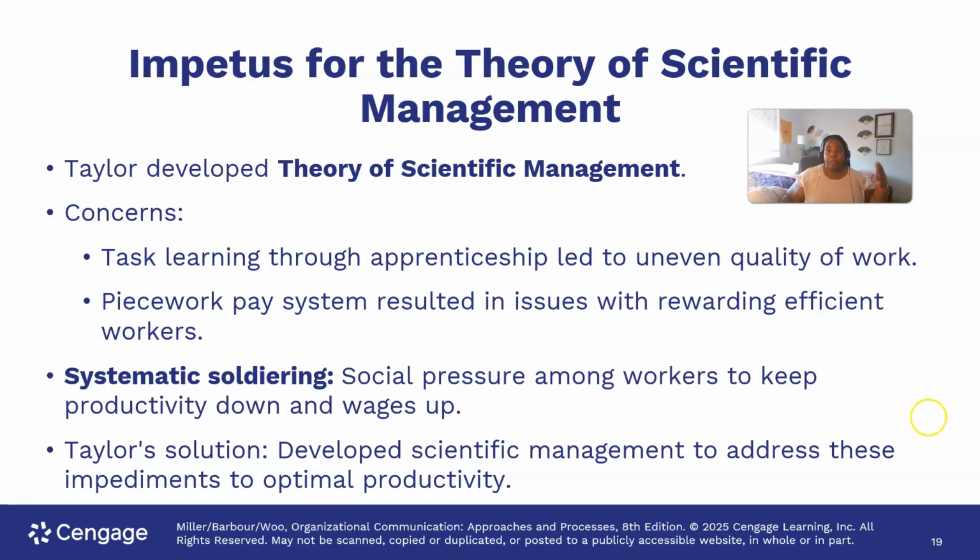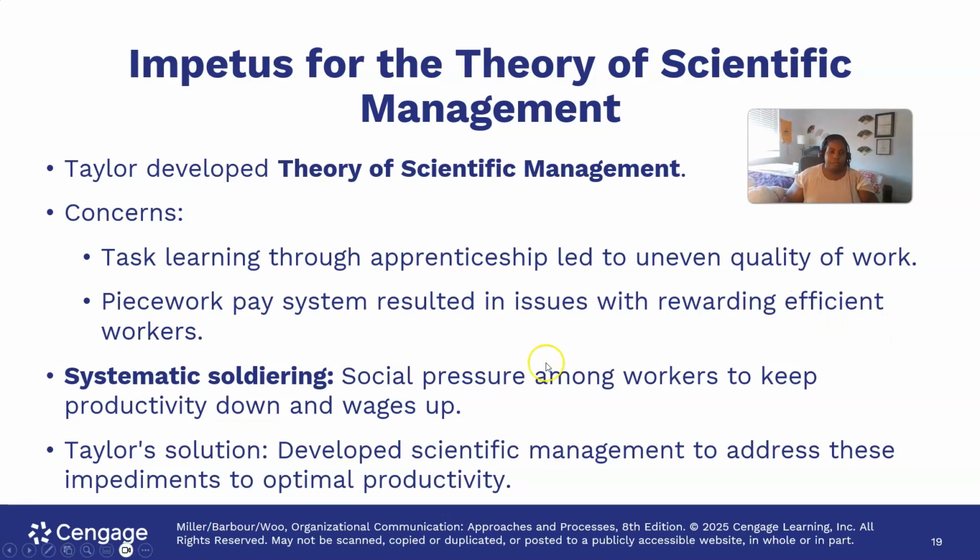When we think about historically apprenticeships, although apprenticeships are good and being able to start on the job, it just led to an uneven quality of work, and the work pay system resulted in issues with rewarding efficient workers. For example, in the book they talked about bricklaying, where bricklayers who worked harder or more efficiently didn't necessarily get paid, or their pay wasn't reflective of that increased efficiency.